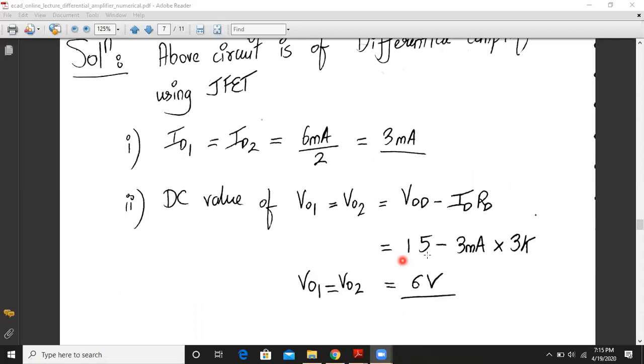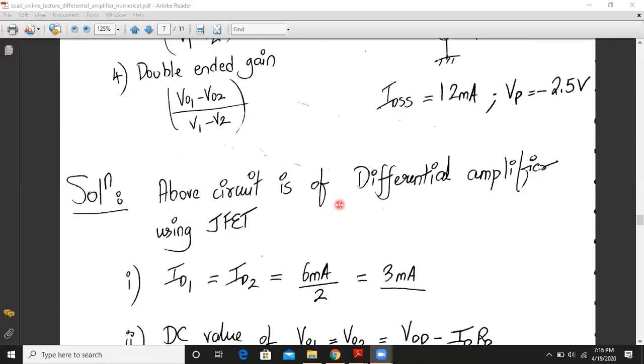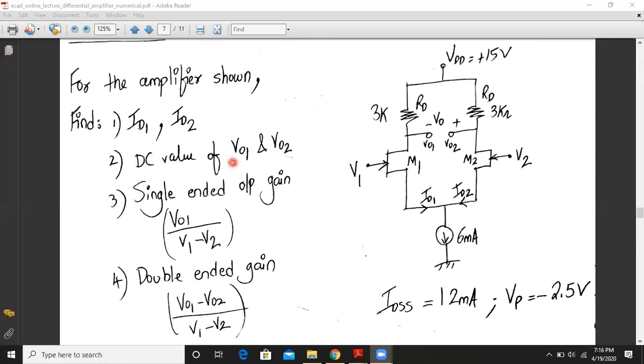VDD is 15 and ID is around 3 milliamperes as we have seen over here. So it will be 3 milliamperes into 3K, and the answer will come out to be 6 volts. So the DC value of VO1 and VO2 is the same, equal to 6 volts.